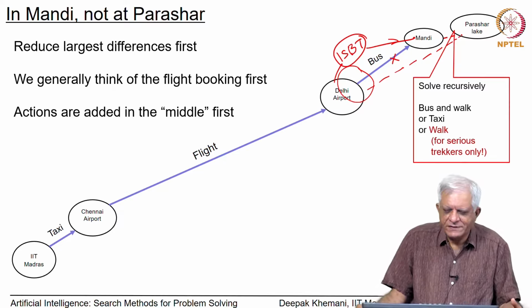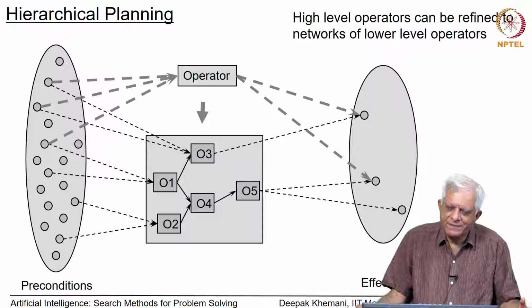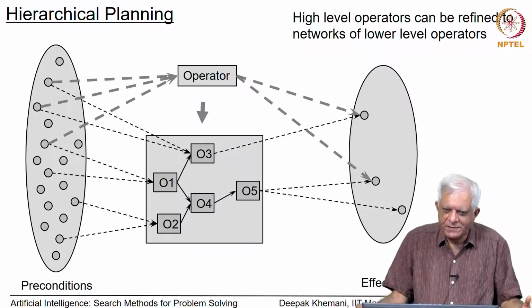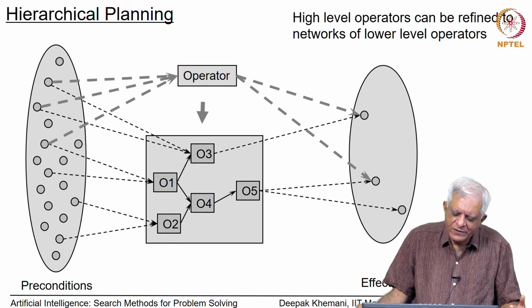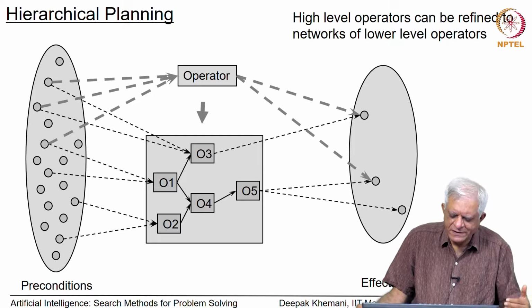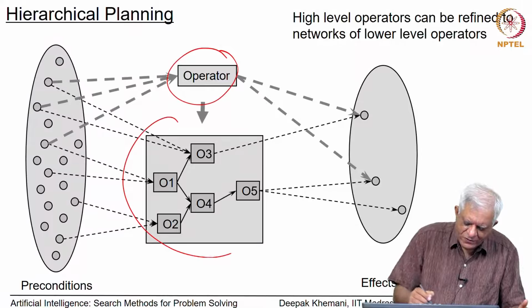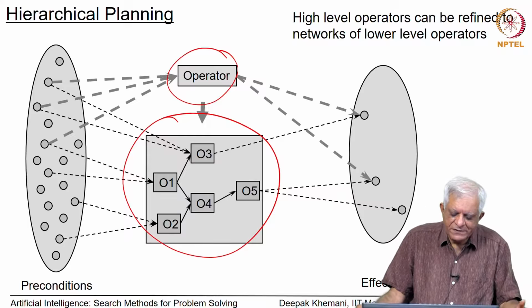Now, this whole business of looking at largest differences first and then the smaller ones later is also nowadays captured in an approach to planning which is called hierarchical planning. So, if you are making this travel plan, then you would say that planning is done in a hierarchical manner, in which an operator can actually be refined into a set of smaller operators essentially.